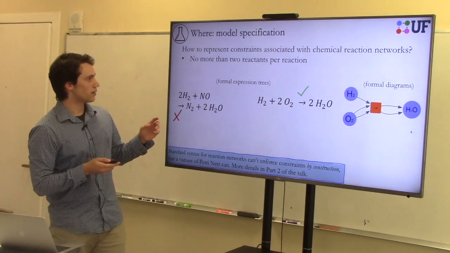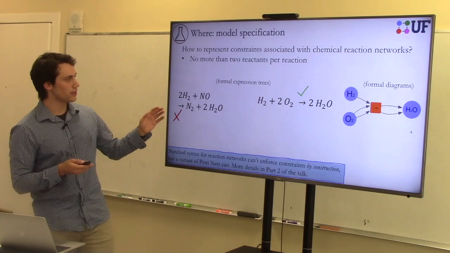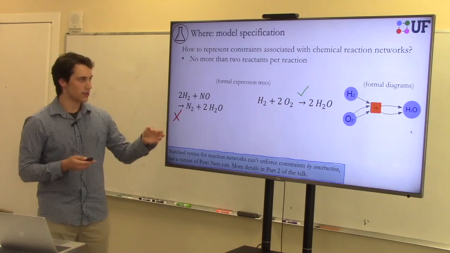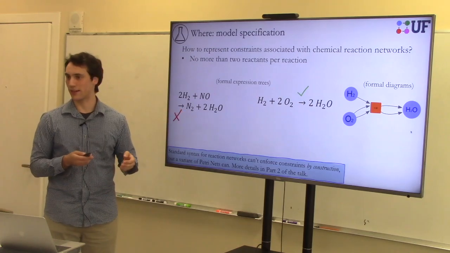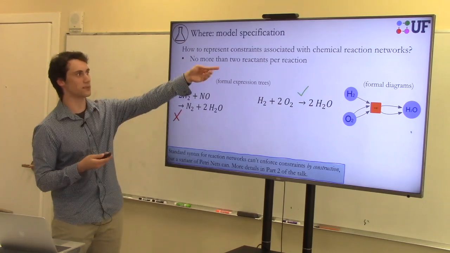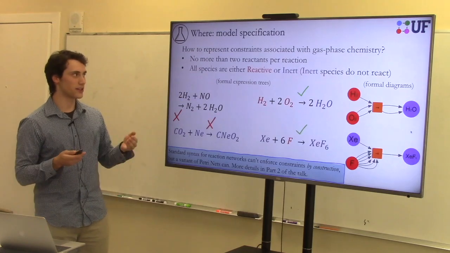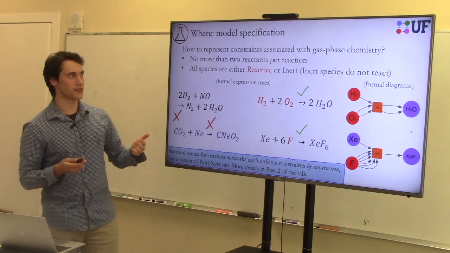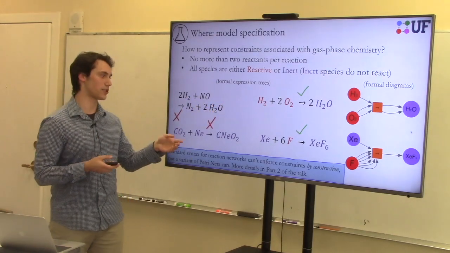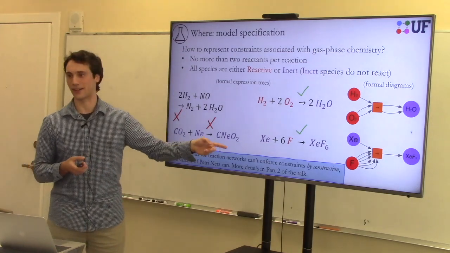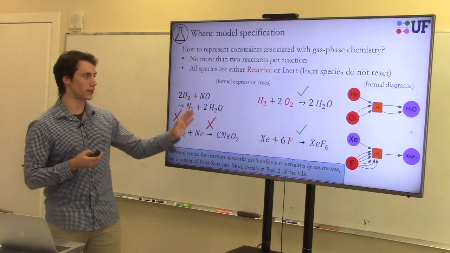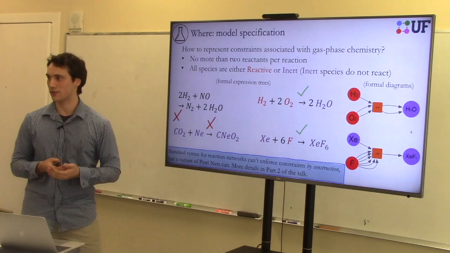So the question is, how do we encode that kind of constraint with these symbolic expressions? You can sort of write whatever symbolic expression you want there, and it doesn't inherently, by construction, enforce some kind of constraint like this. Another example would be to label your chemical species as reactive or inert, and then add this constraint that you can't have a reaction where two inert species actually react and create something new. So we want to exclude these types of reactions from our class of models.